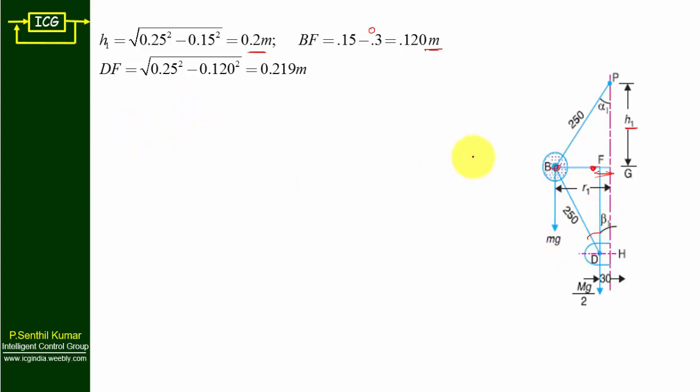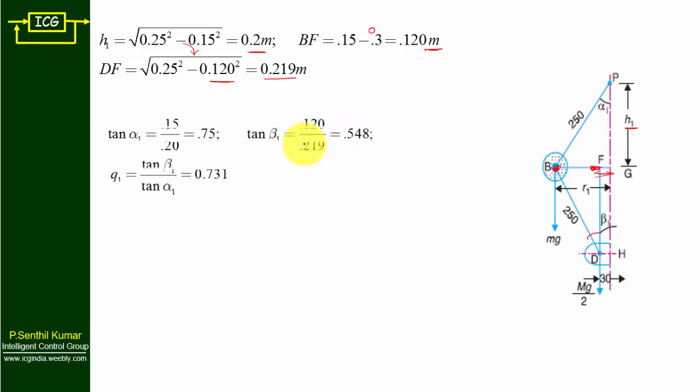DF equals square root of 0.25 squared minus 0.120 squared. DF is the adjacent side, BF the opposite side, and 0.25 the hypotenuse. The same formula is applied here, only instead of 150 it is 120. So DF equals 0.219 meter. Why should I calculate all those things? Because I'm going to find the q value. So what is q?